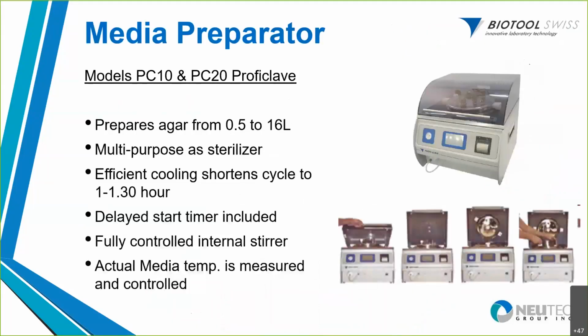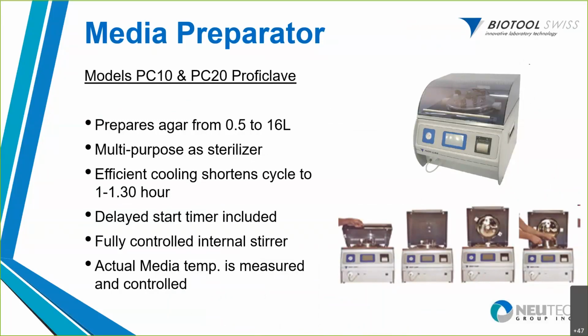First of all, in terms of media preparation, we have a couple of models. The right one depends on how much media you're going to prepare. They're called Profoclaves, and we have the PC10 and the PC20, and these are multi-purpose sterilizers.